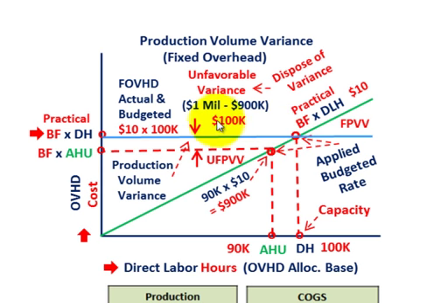So this is a negative, or unfavorable, production volume variance because we did not produce up to the level we were looking at. We fell short by 10,000 direct labor hours at $10 per hour. It's unfavorable because we underallocated our fixed overhead.